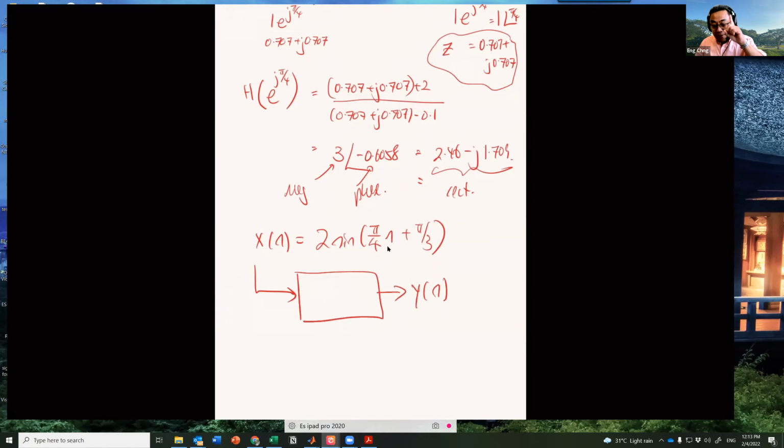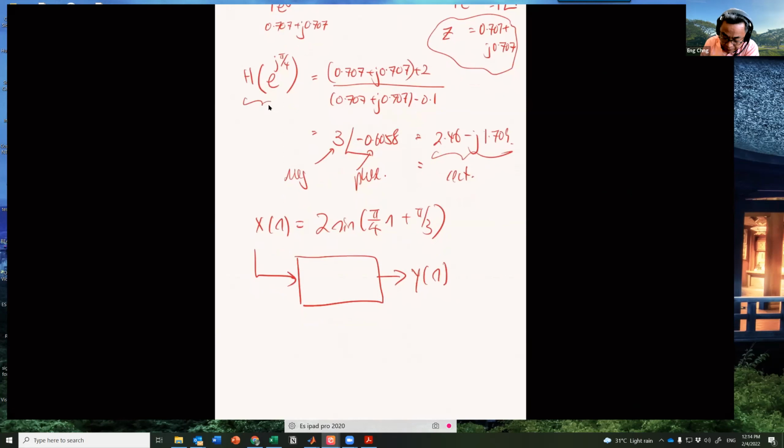I'm only pumping one sinusoid at this frequency. I have calculated the frequency response at that frequency, pi over 4. I told you that the magnitude will be changed by 3, and the phase will be changed by minus 0.6058.